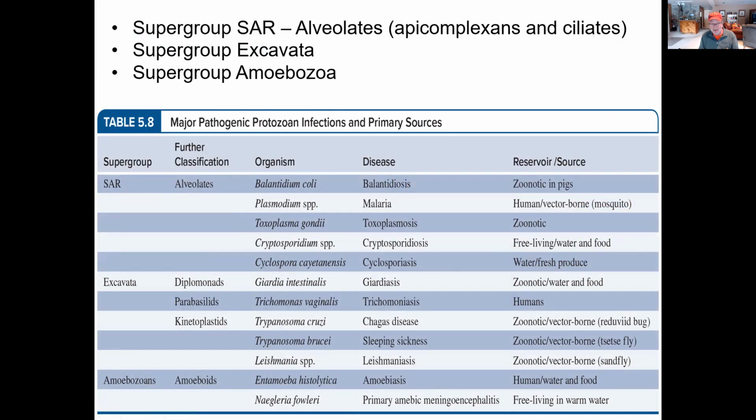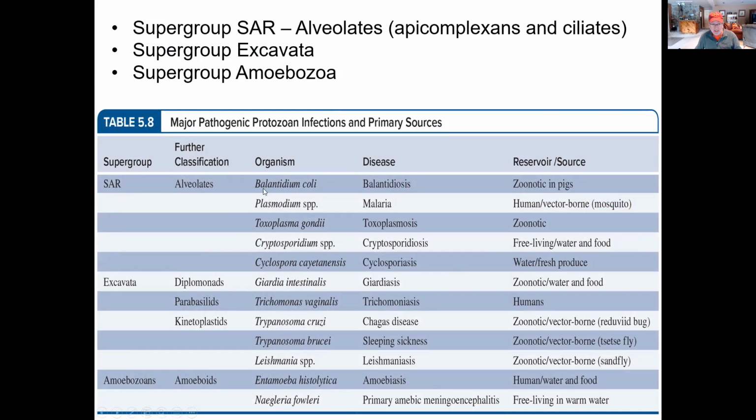They're called clades, C-L-A-D-E-S. And this is a fairly recent change to the textbook. If you happen to be using the 10th edition of Talaro's Foundations in Microbiology, they don't have these new supergroups in the chapter. So this is a new table.